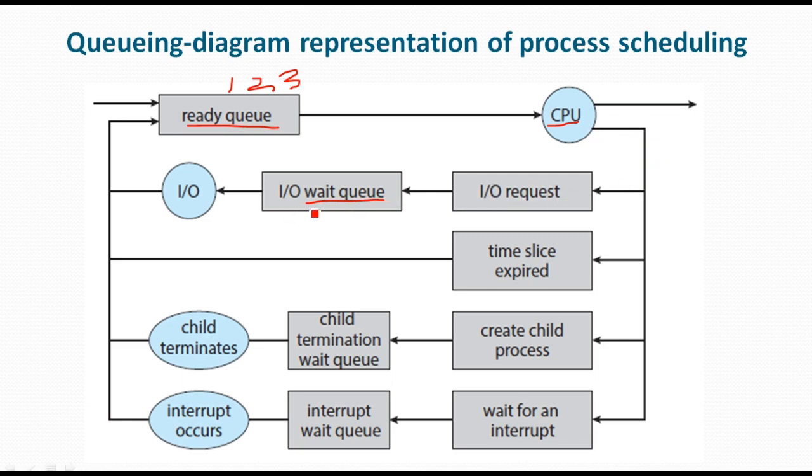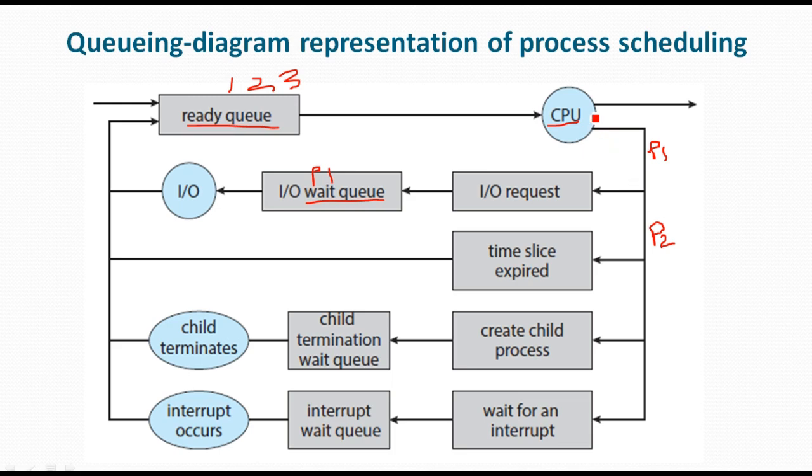So, IO request. Let me take P1 is requesting, then P1 will be put into the IO wait queue. Assume that for another process P2, its time slice expired, meaning it needs more time than what the CPU has allocated.